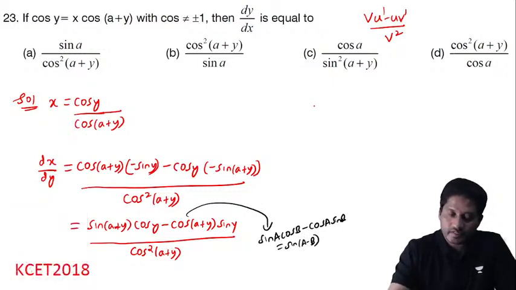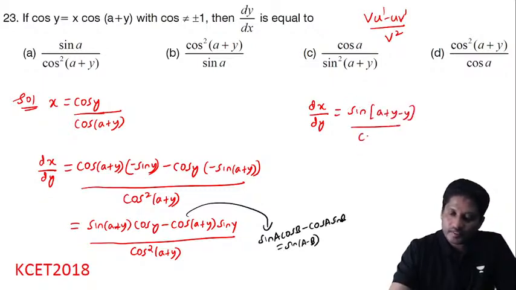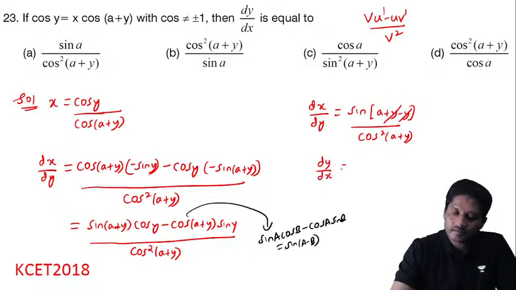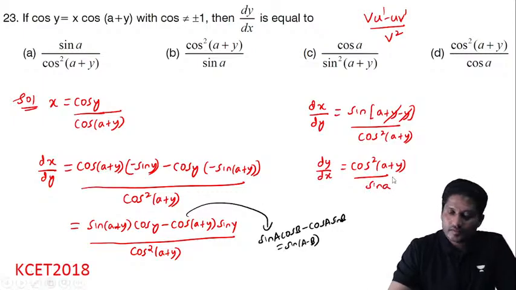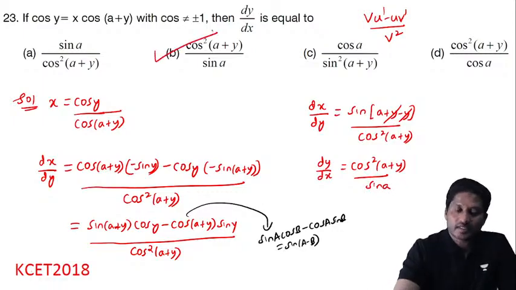Okay, now this dx by dy is equal to sine of a minus b, that is sine of a plus y whole, divided by cos square of a plus y. If I reverse this, dy by dx is equal to cos square of a plus y divided by sine a. Cos square of a plus y by sine a is the answer option.